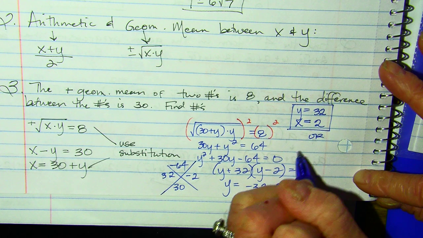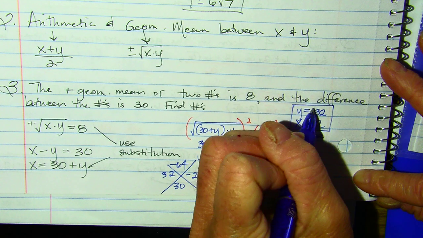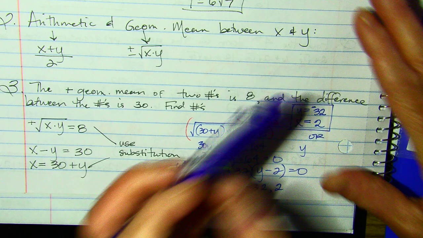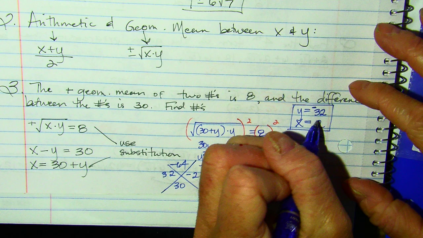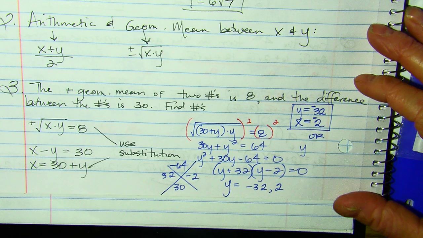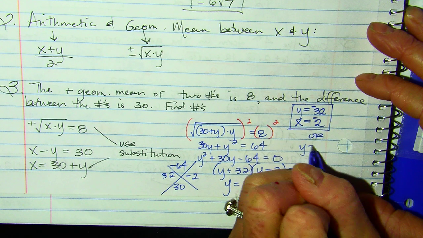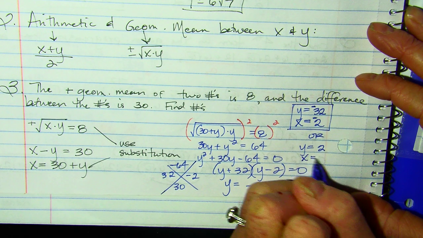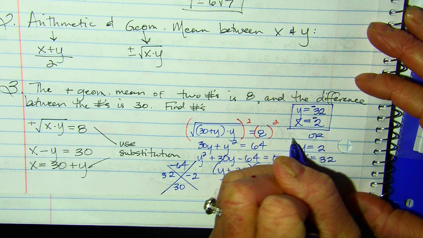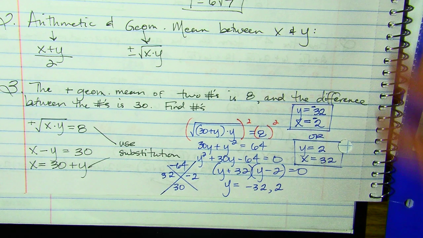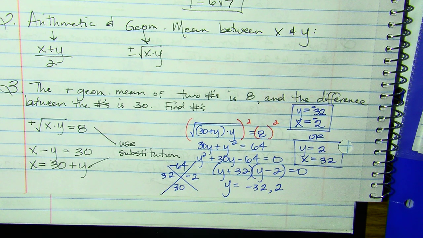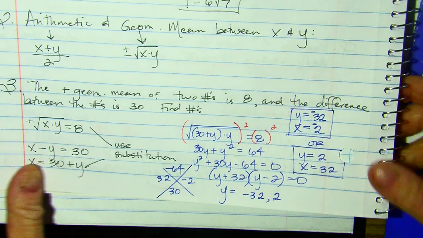Or if y, sorry, that was a negative. If y is a negative 32, then x is a negative 2. If y is a positive 2, then x is a positive 32. So you actually have two different possibilities for x and y.